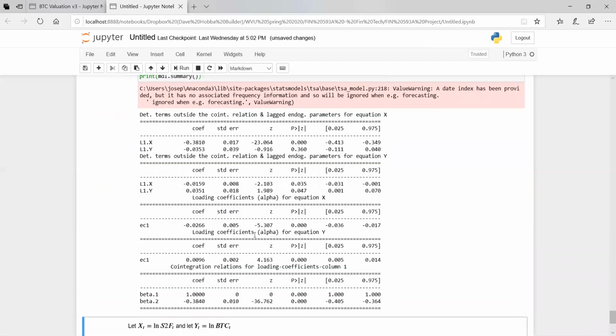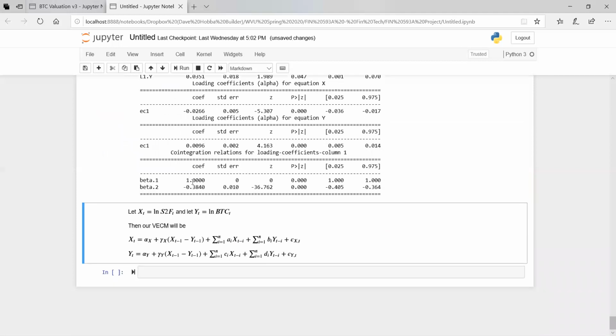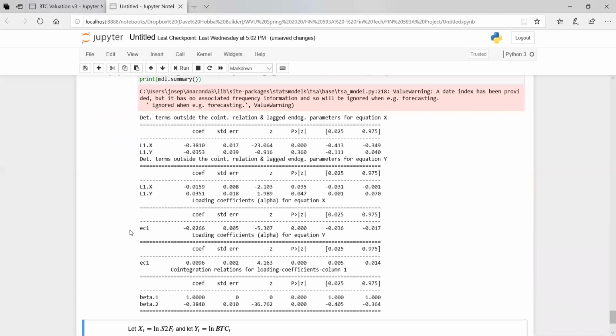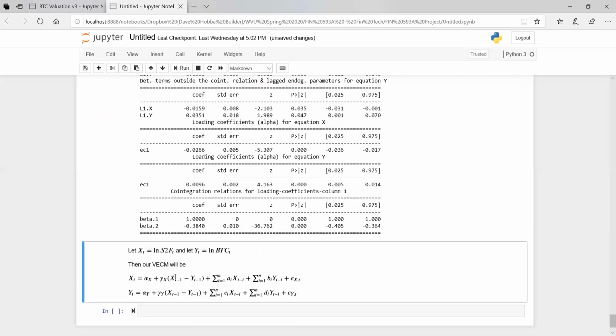So here, this is with 1 lag, and these are the estimates for the coefficients in this model. We're only saying 1 lag. So X_t, log stock-to-flow ratio, is equal to a constant, plus these are the lags. You see the error correction, which is the difference between the two, and then beta 1, beta 2.